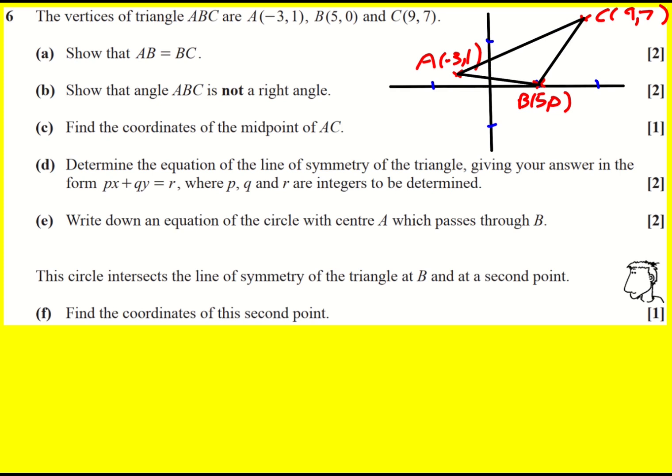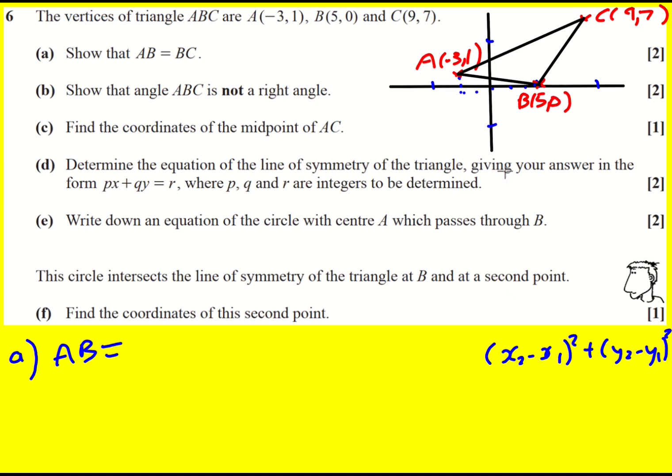Show that AB equals BC. So let's work out them separately. We can use Pythagoras' theorem for this. You basically just subtract the x's, square them, and so on. I wouldn't say necessarily learn this formula, but it can be useful as long as you understand where it comes from.